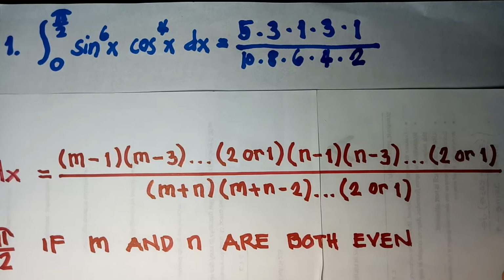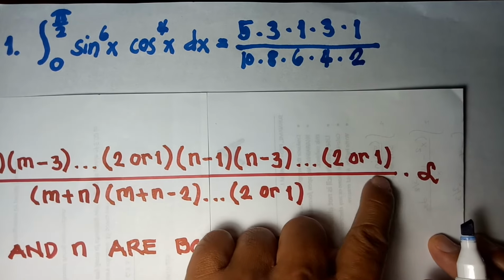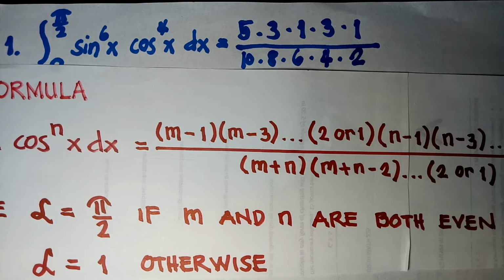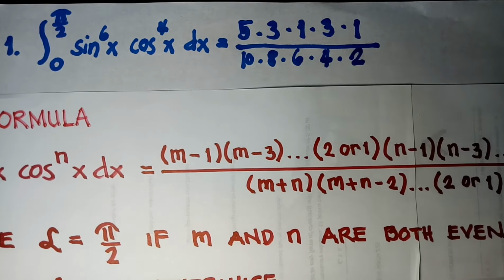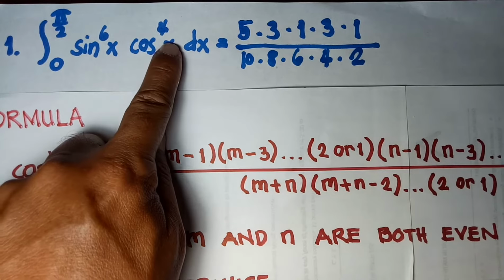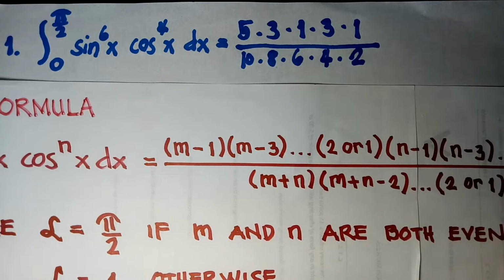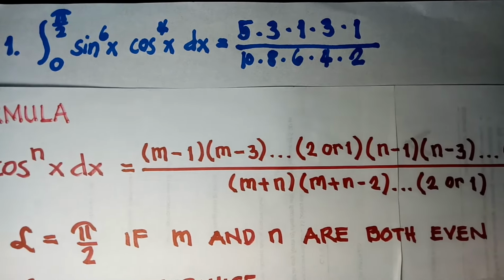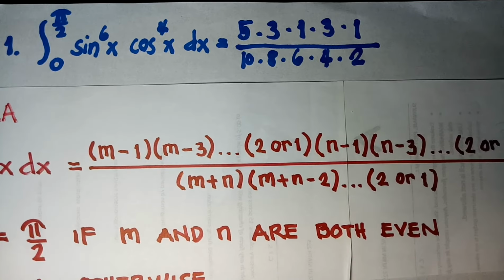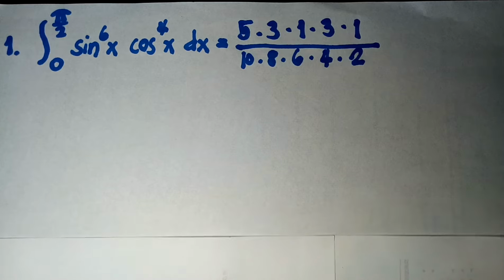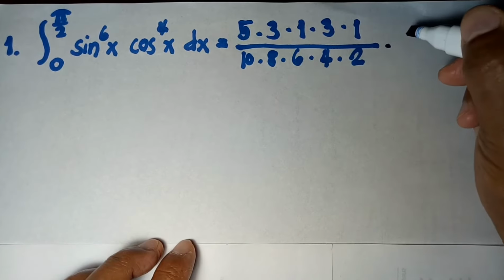So, ang susunod na term natin ay times alpha. So, alpha, dahil parehong even yung ating exponents, so yung alpha natin ay equal siya sa pi over 2. Pi over 2, if m and n are both even. So, times pi over 2.